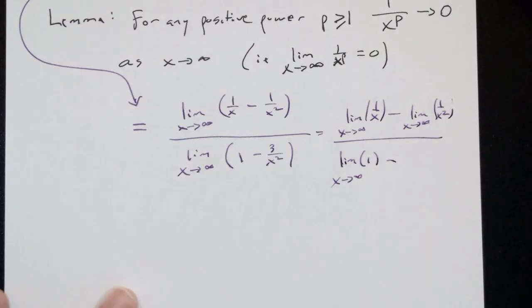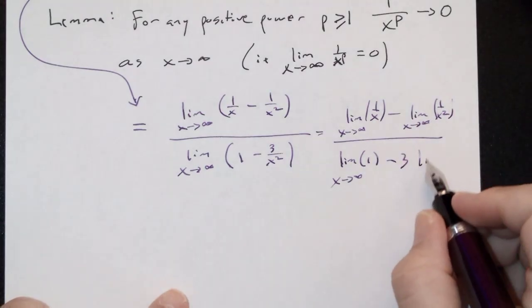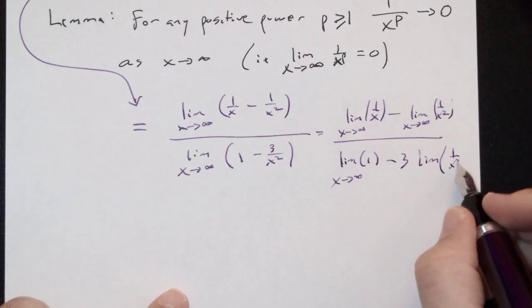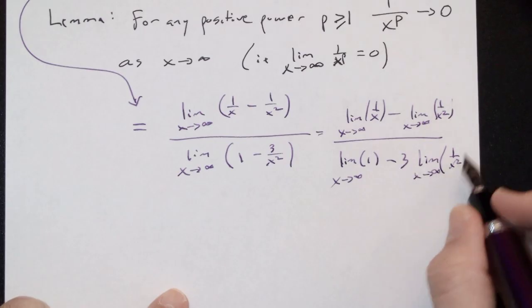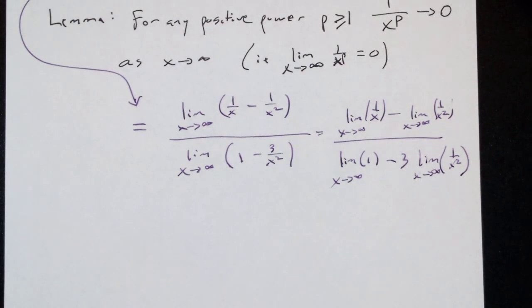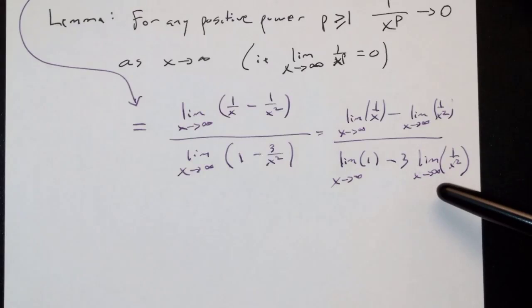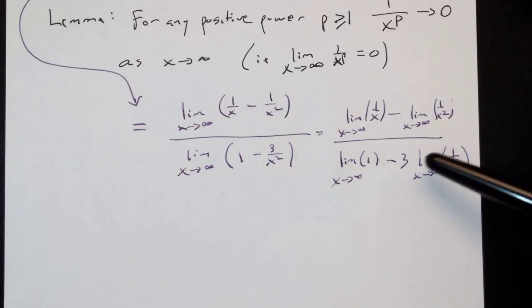Separate subtractions here. I have the limit of 1 minus, what can I do with a 3? 3 is a constant multiple. I'll pull it out front. And now I have 3 different instances where my lemma comes into play. What's the value of this limit here in the bottom? Just this one.